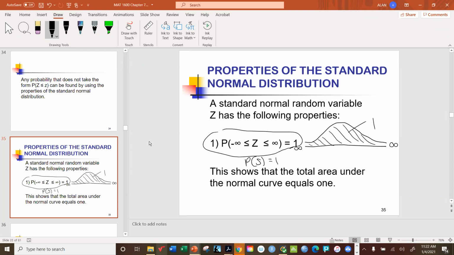That's essentially what you're seeing here. One of these outcomes has to occur with certainty, so the entire curve has to have an area of 1. So when you get a result like 0.8413, that means 84.13% of the total. That's an important one to know.